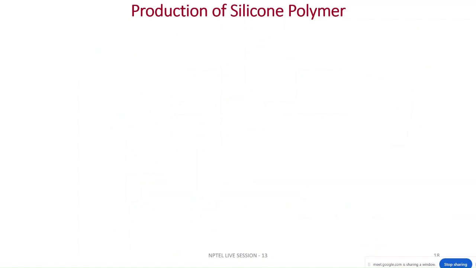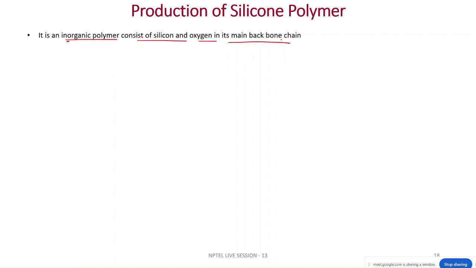The next topic is production of the silicone polymer. It is an inorganic polymer, consisting of silicon and oxygen in the main backbone of its structure. Silicone polymers are used as high temperature rubber and resin coatings.